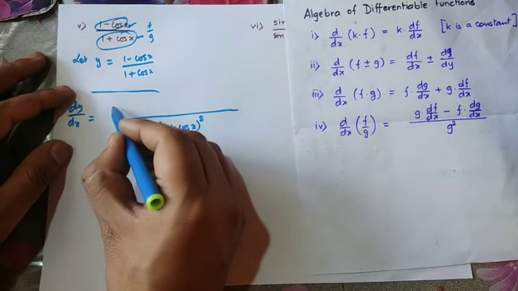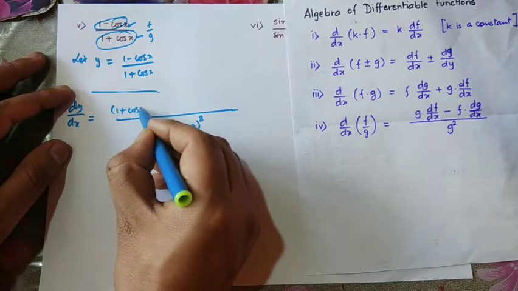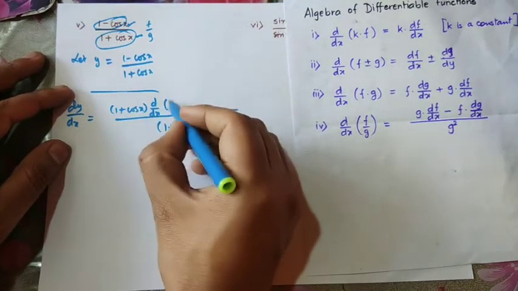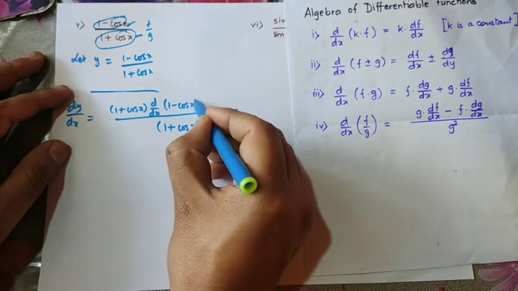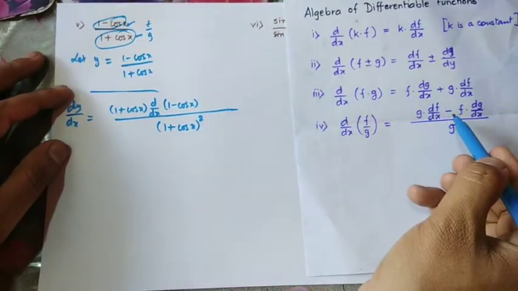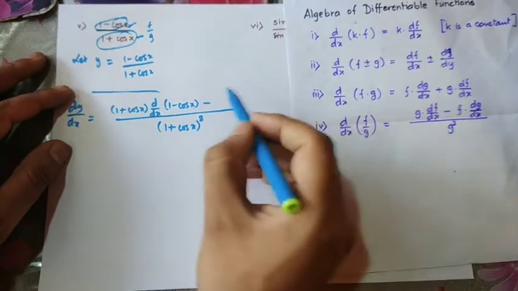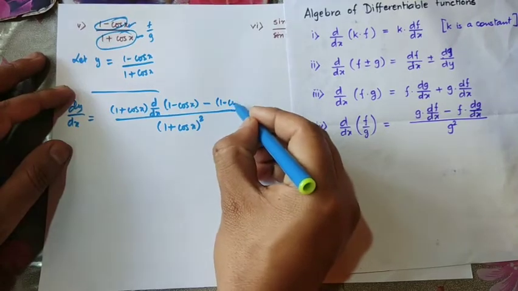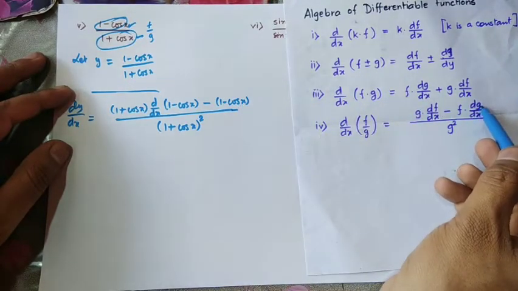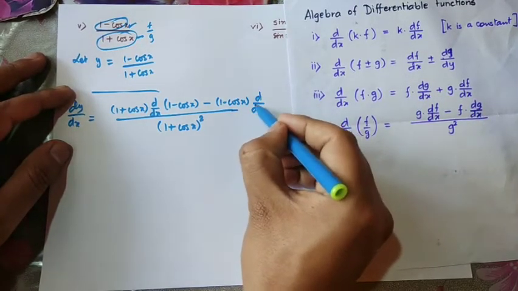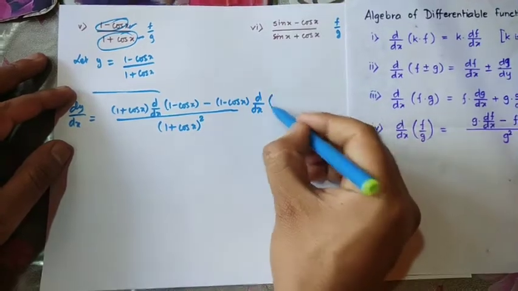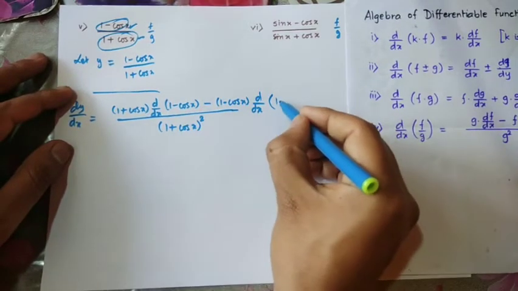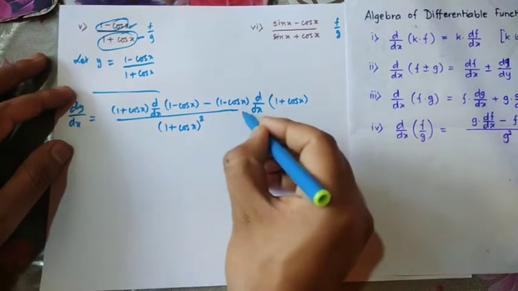So g, that is 1 plus cos x, will remain as it is, and we will differentiate the numerator, which is 1 minus cos x. There's a minus sign here, so we'll write minus. Now f is 1 minus cos x, and we'll differentiate g, so that is d by dx of g, and g is 1 plus cos x.